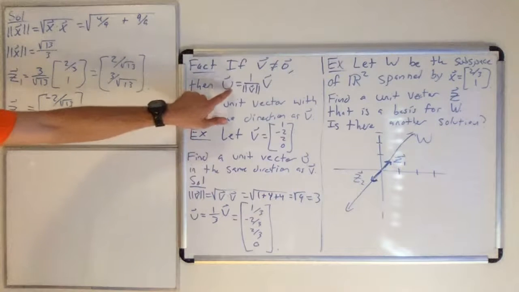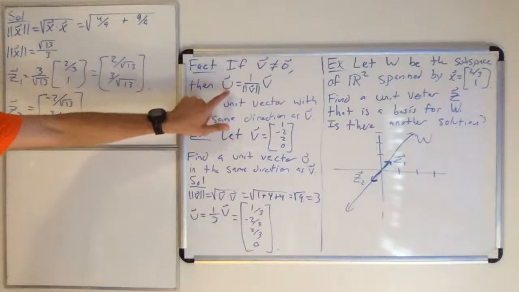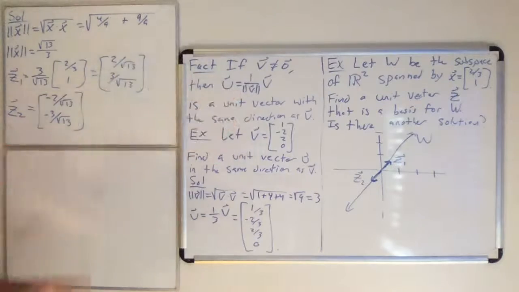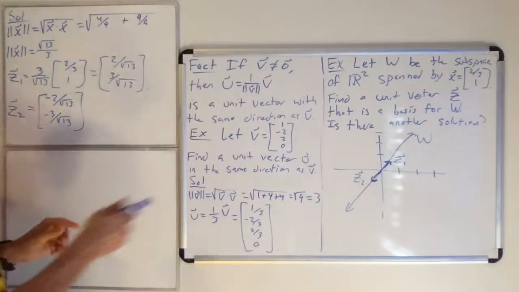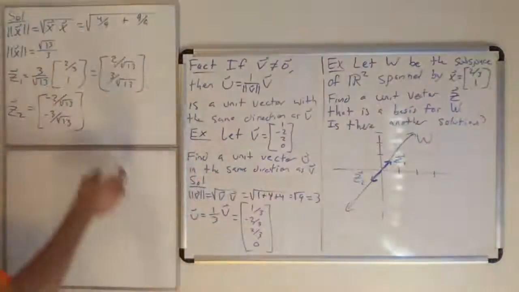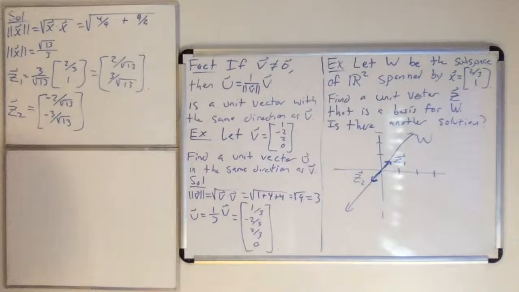So there's one unit vector that points in the same direction, but there are 2 unit vectors that have the same span. So is this clear how we got these answers? Feel free to give me any feedback.